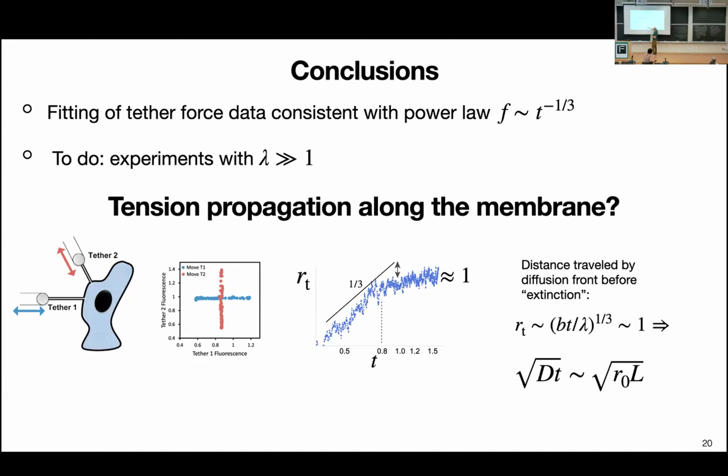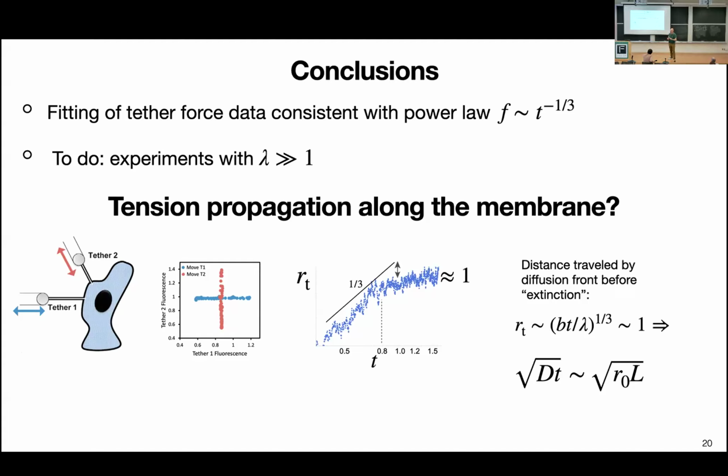If you take that time and calculate from this scaling law, this is happening when R_T, determined by the intermediate-time 1/3 power law, becomes close to 1 in these reduced units. Going back to real dimensional units, that tells you how far the diffusion front has propagated up to this time, because beyond that time your tension signal has been extinguished.